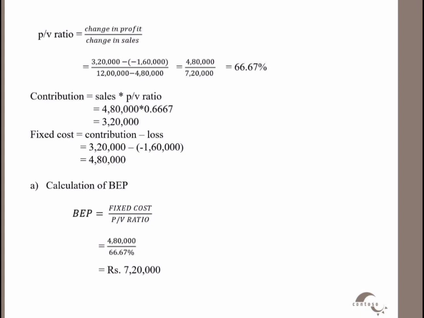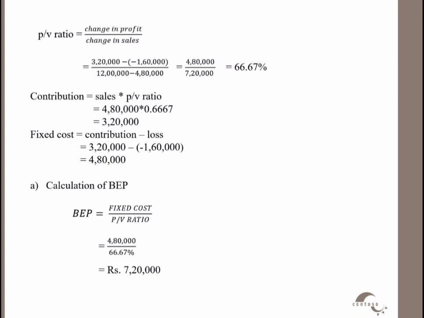We have got the contribution. Next we can calculate the fixed cost, that is equal to contribution minus loss, that is 3,20,000 minus the loss incurred, negative 1,60,000, that is equal to 4,18,000, the fixed cost.